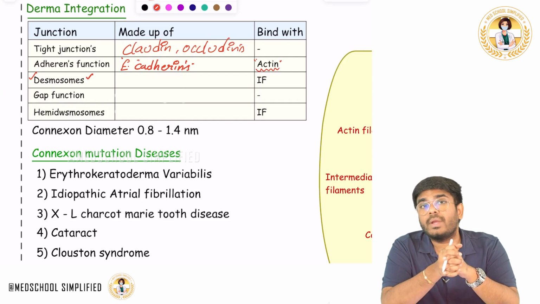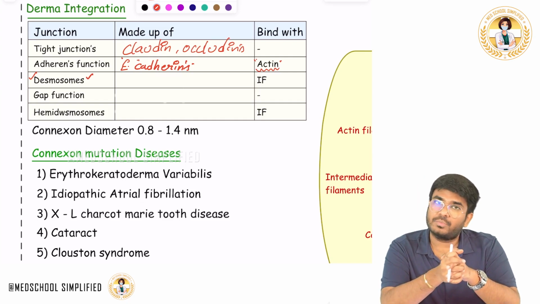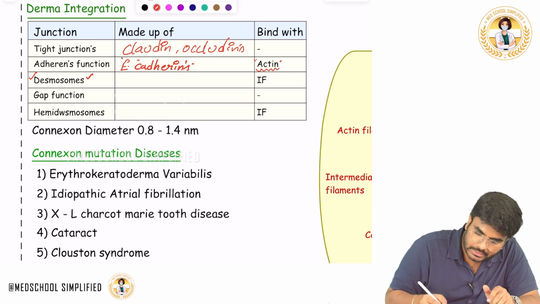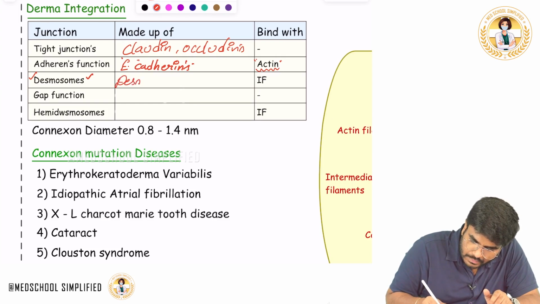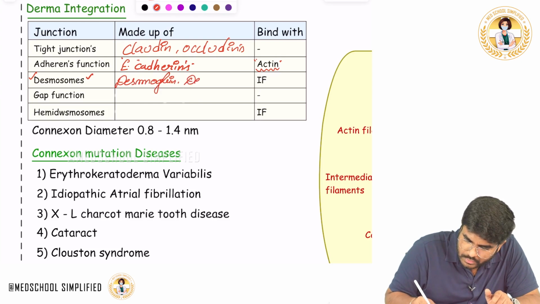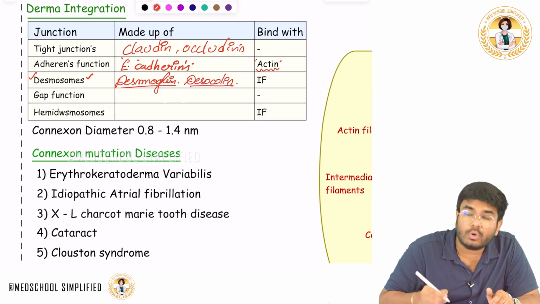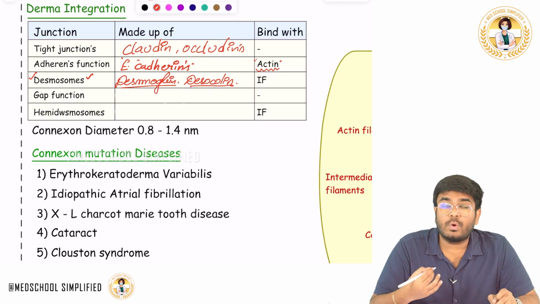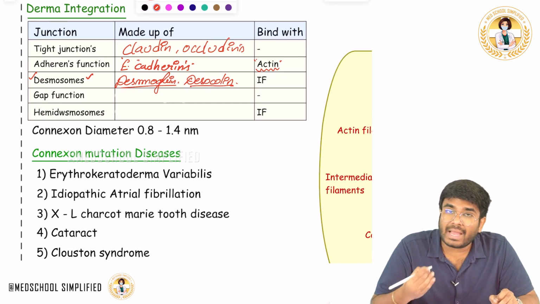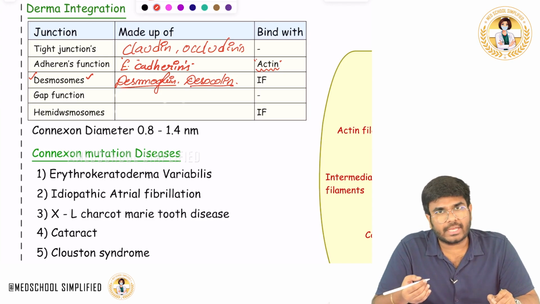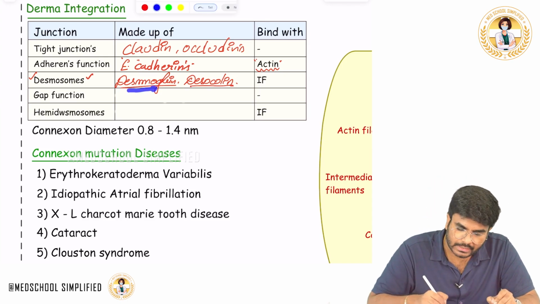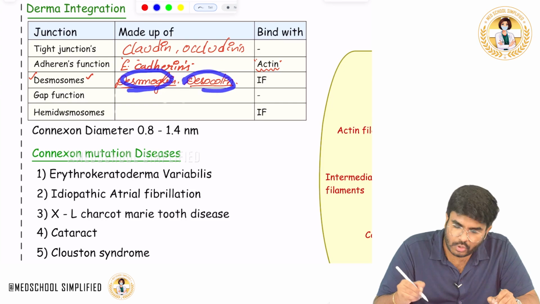These desmosomes are made up of proteins: desmoglein, desmocollin, desmoplakin, plakoglobin. There are different types of proteins, but the important ones are desmoglein and desmocollin.